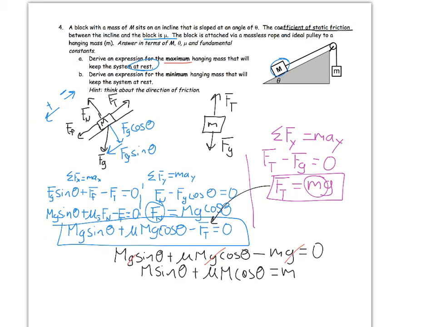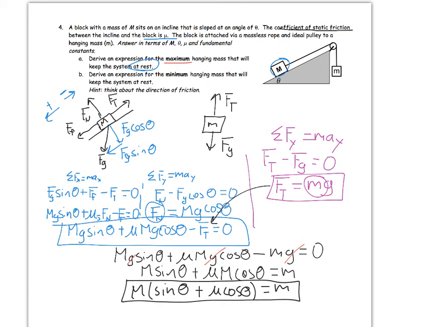If I want to do a little simplifying here, I can factor out that big M, and I get big M times sine of theta plus mu cosine of theta equals little m. Either one's acceptable, though you don't necessarily have to get into that simplest form. So that's what we have for this situation where we have the maximum hanging mass acting on our system.